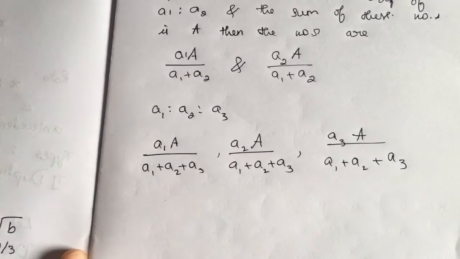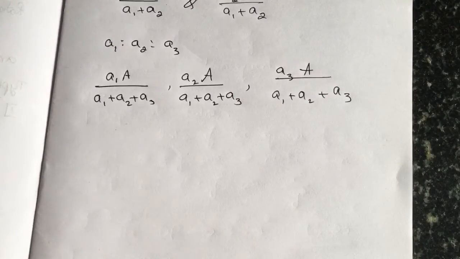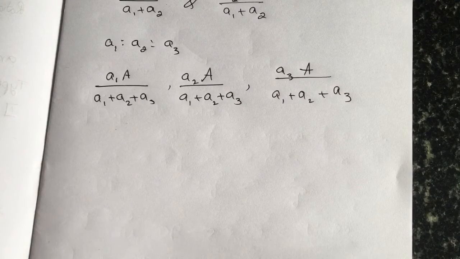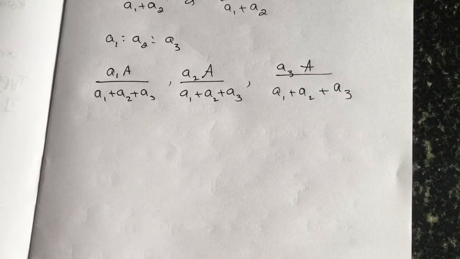Proportion means when two ratios are equal, we say that they are in proportion. Either one may be more or one may be less, but I can make it equal by multiplying something. So in those cases we say proportion.